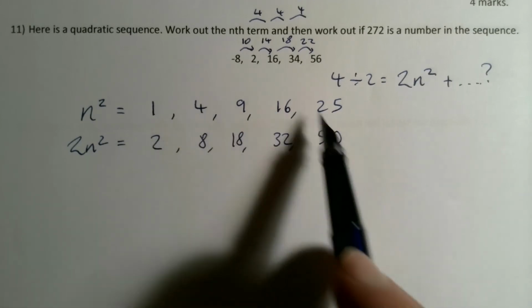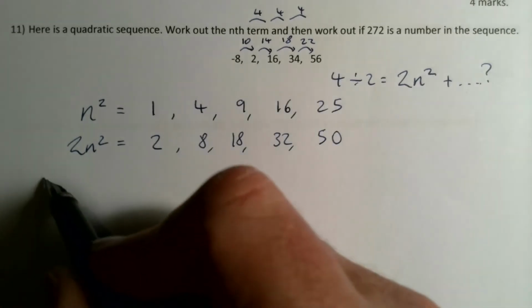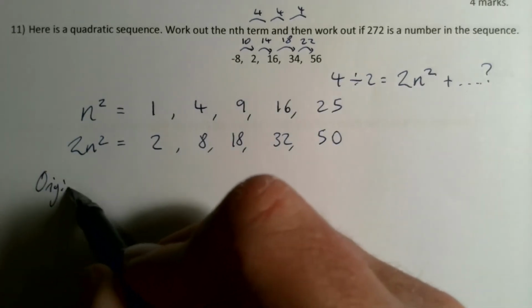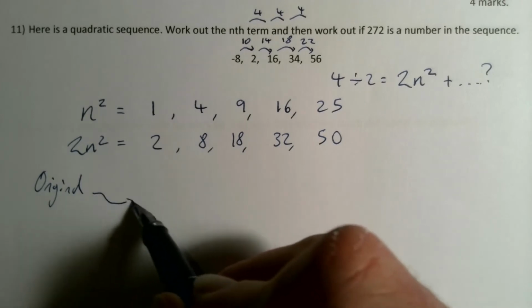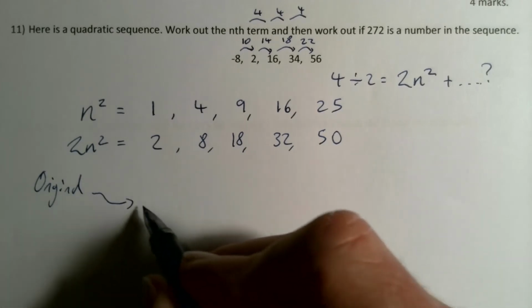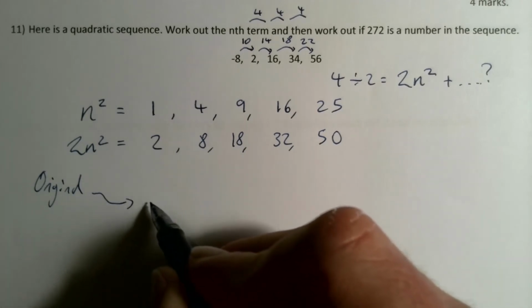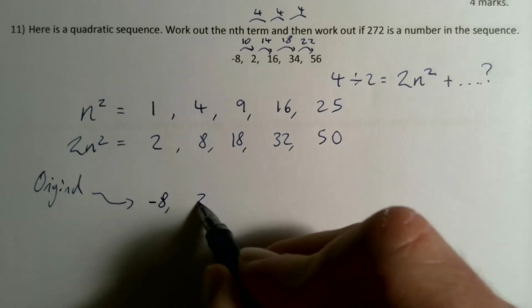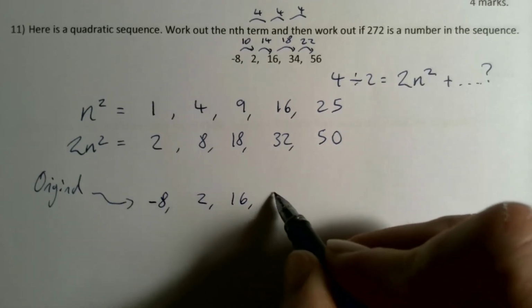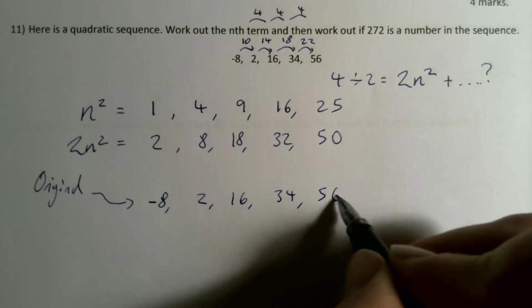What's going to link this to that? So we write the original sequence down below, but I'm going to give enough room to have some thinking space between them. So I'm going to put -8, 2, 16, 34 and 56.